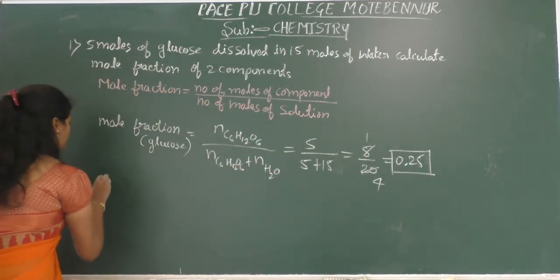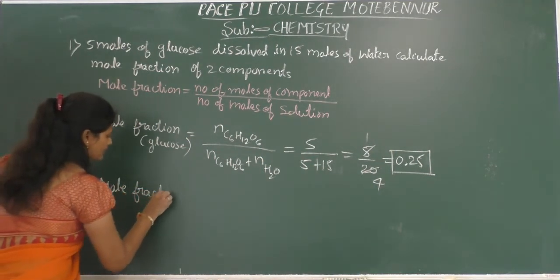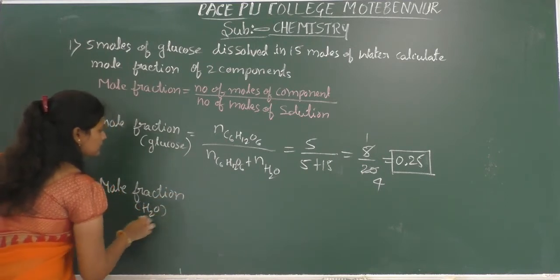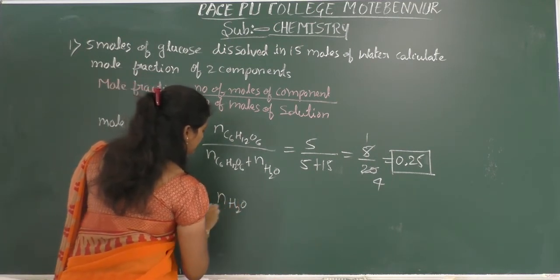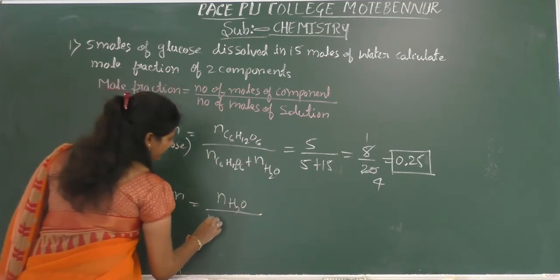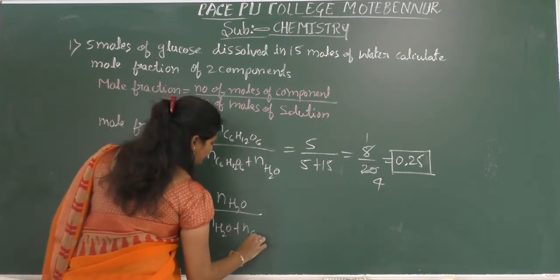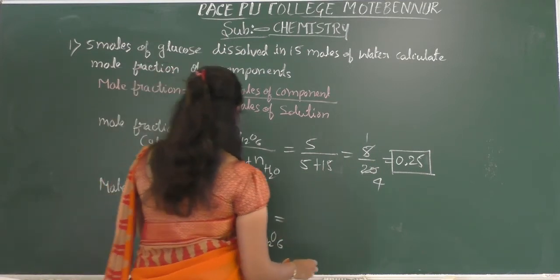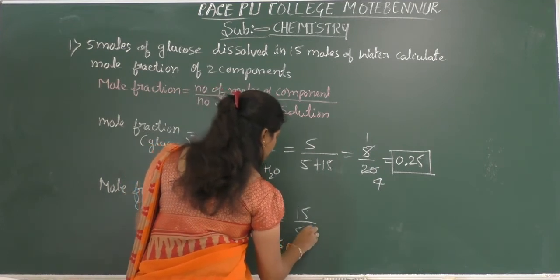So same way the mole fraction for water. So here we have to write the number of moles of water divided by number of moles of water plus number of moles of glucose. Here the number of moles of water is 15 divided by 5 plus 15.